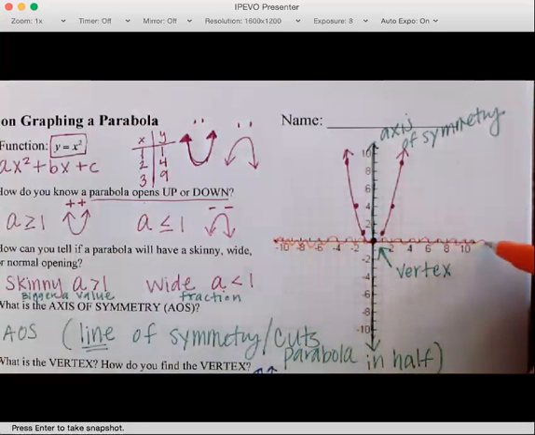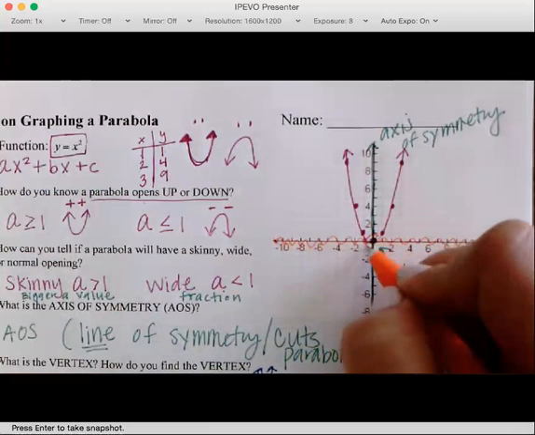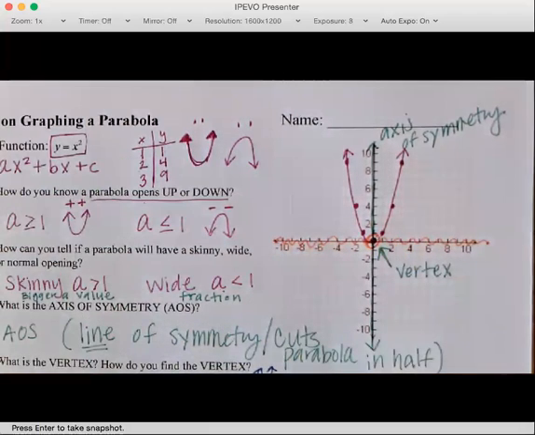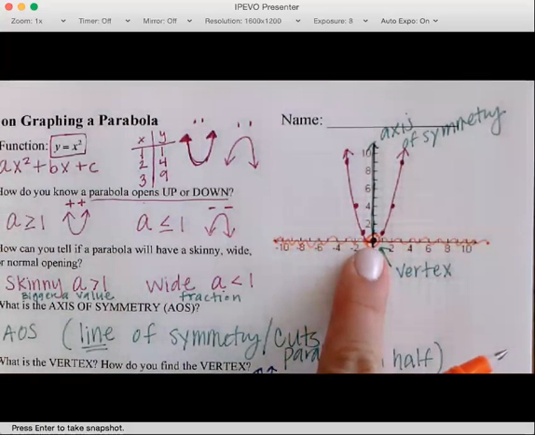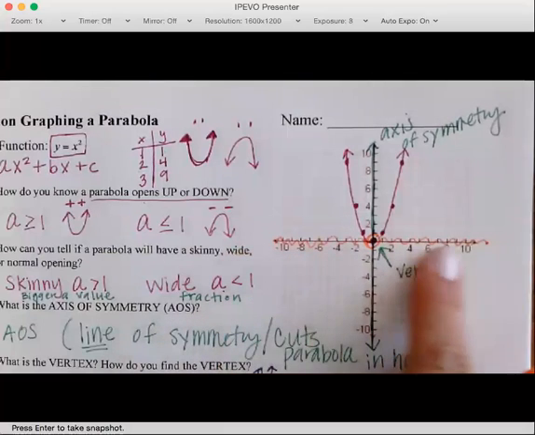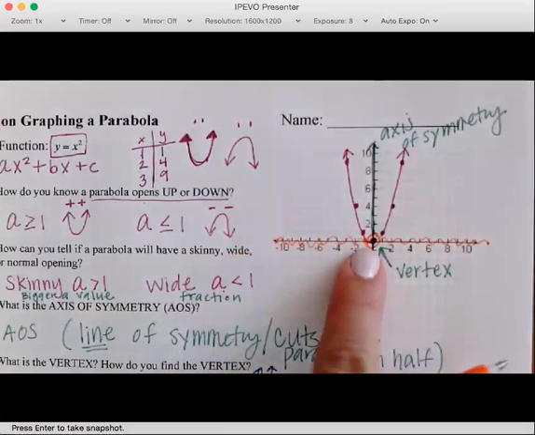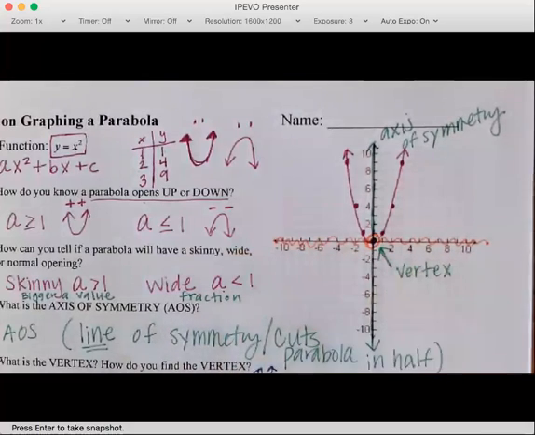Okay, and we've learned that we could do quadratic formula, we could do solving by factoring, we can do completing the square, but we can also, now that we have a graph, look at where does it cross the x-axis. So if I look here, I can see that it crosses the x-axis at 0, 0, and it only crosses one time. So my solution here would be 0 because that is the x-axis that I'm crossing.